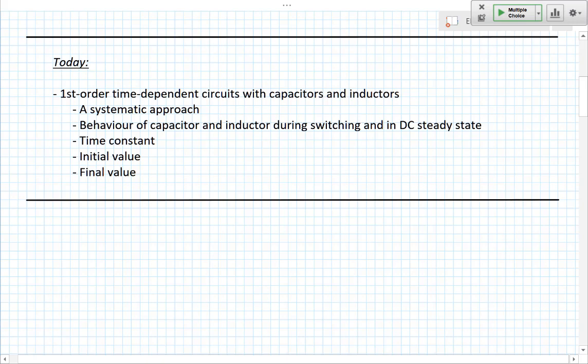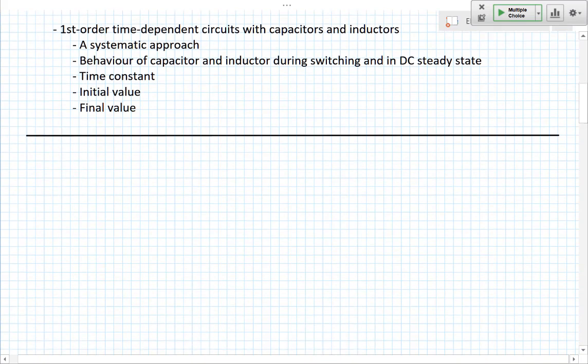Okay? So a first-order time-dependent circuit, I'll just give you this as some sort of a definition, if you want. First-order time-dependent circuit. And I'll emphasize that we are dealing with linear circuits at this point.